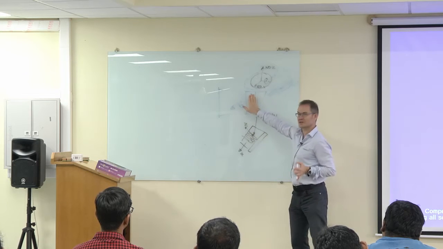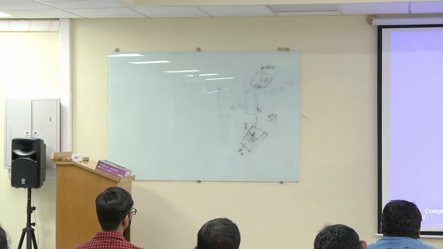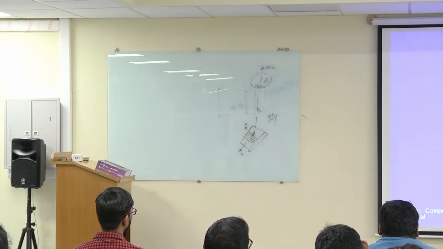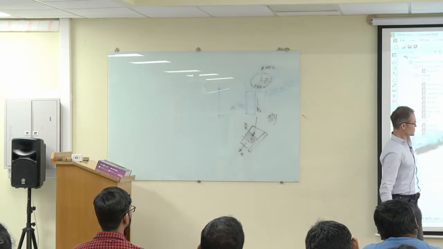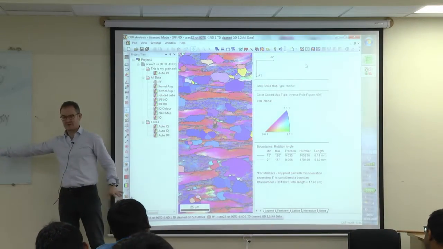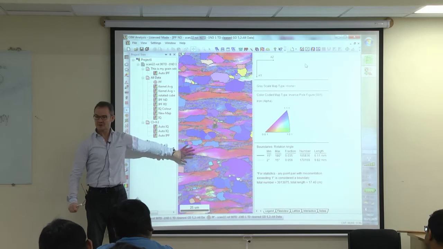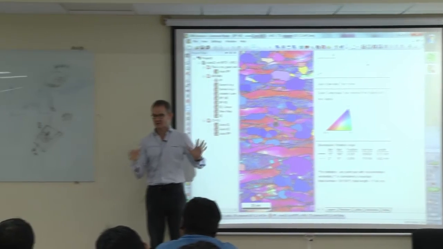You're not changing, of course, the observation direction. You're still looking on that sample, but your color coding will be different. The colors will change, but of course everything else, the shape of the crystals and so on, will still stay the same.